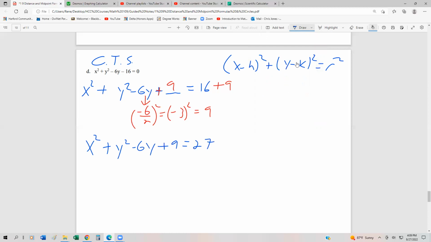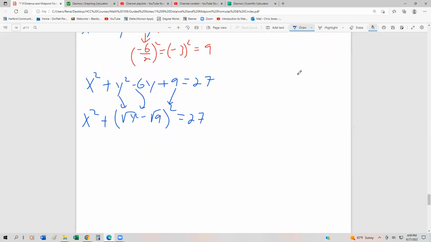Remember, we're going to factor, all right? So remember, we take the square root of y squared, we take the square root of 9, and then we take the sign in the middle, and that becomes our perfect square trinomial in the factored form. We're going to drop down the x squared because there is nothing to complete, and then we have 27.